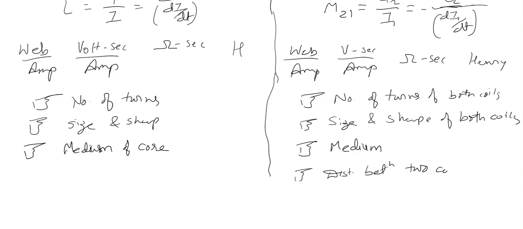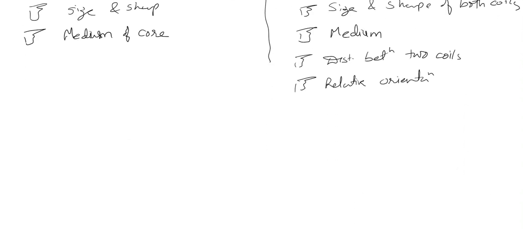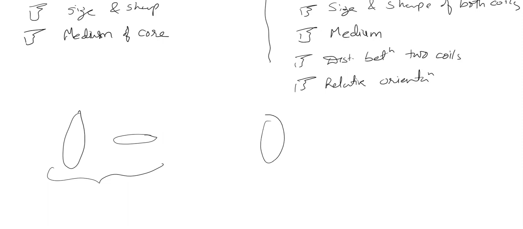Distance between two coils is a parameter which affects M, and so is the relative orientation of the coils. What does it mean? It means that suppose one coil is placed like this and another coil is placed like this. You will have some induction taking place, but what if you have two coils placed like this?